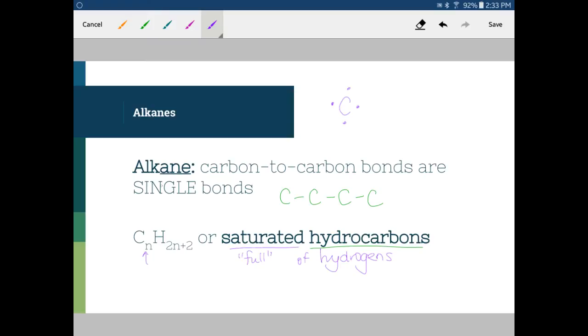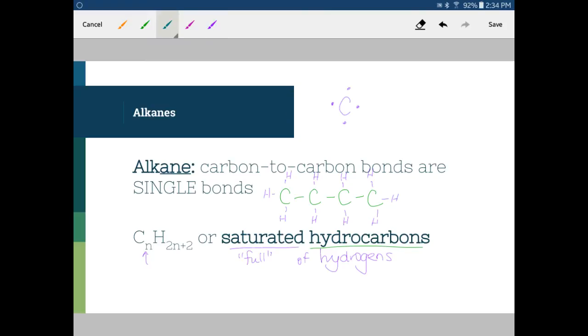So if we have a carbon chain, which is what we call this here, we have a carbon bonded to a carbon, and each of the other bonds that can potentially be around each carbon is filled with a hydrogen. Any line that I've just added here is a new bond that is saturated or full with hydrogens. Obviously we have a certain amount of electrons shared between our carbon atoms, but every other bond is filled by a hydrogen. So this is a saturated hydrocarbon.